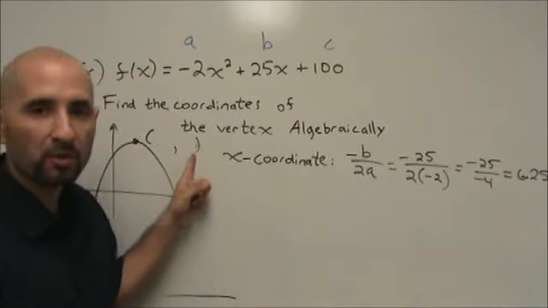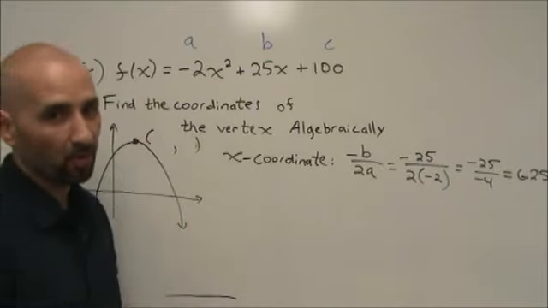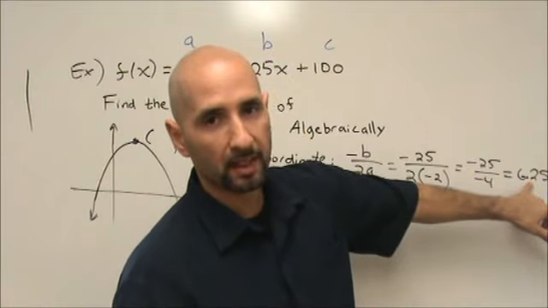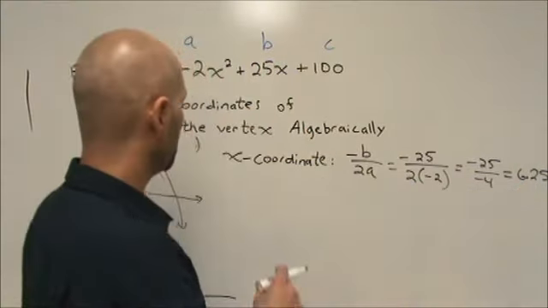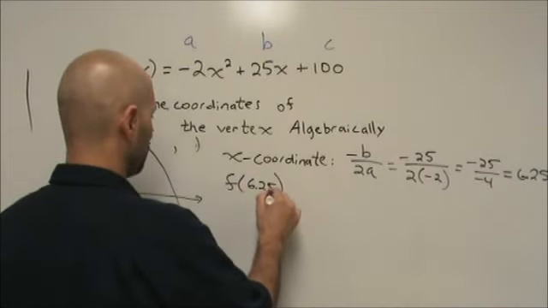Let's go find the corresponding y coordinate, or output coordinate, or f of x coordinate. And the way we do that is simply plug this in for the input and calculate for an output. So what we really want to find here is f of 6.25.